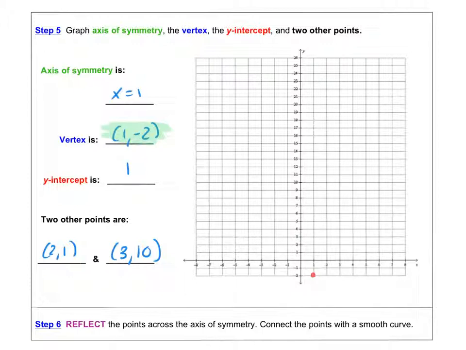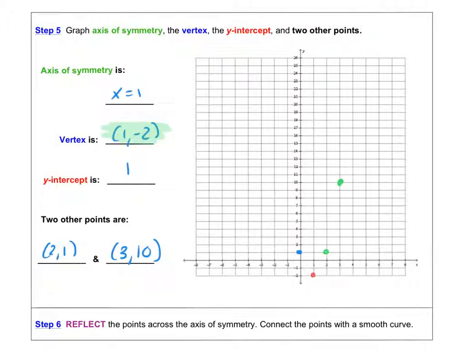I know that my parabola is going to open up since a was positive, so that vertex is a minimum. And the y-intercept is 1, so I'm going to place that right there. Then I'm going to graph my two other points, 2, 1, and 3, 10.